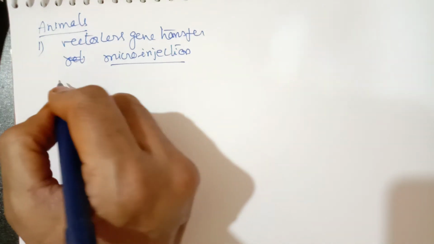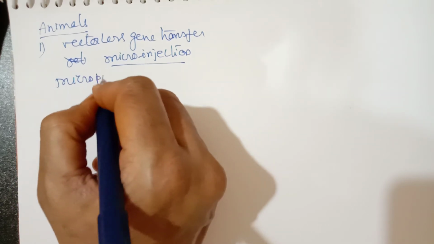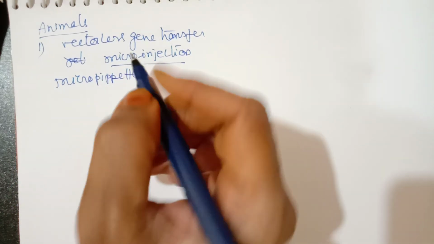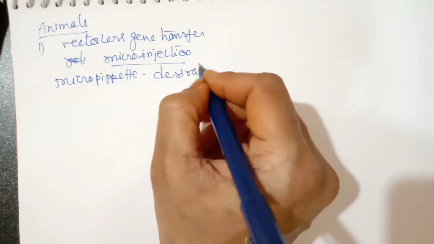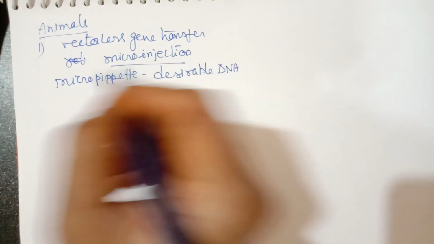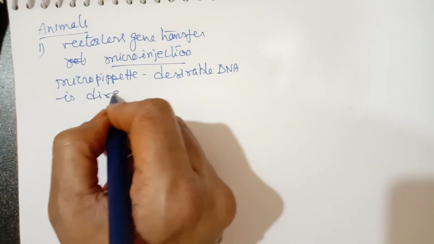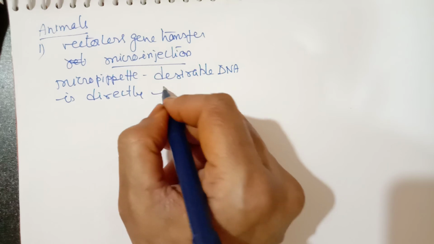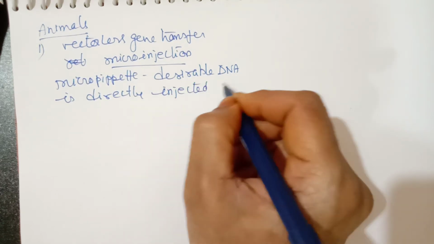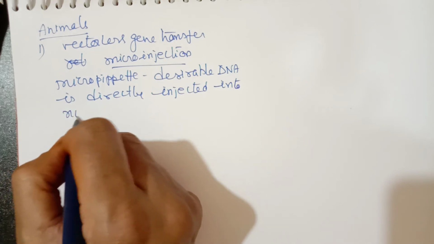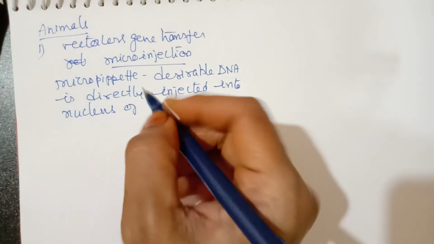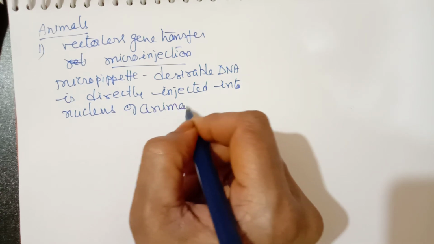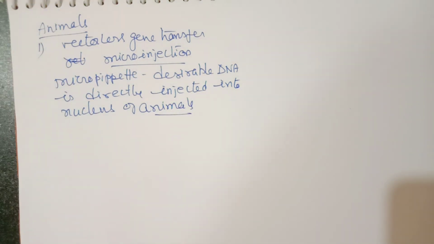So here, by using a micropipette, the desirable DNA is directly injected into the nucleus of animal cells. So here also we are not using any vector. Directly we are injecting into the host cell by using the micropipette. So this is a method of vectorless gene transfer, called the micro-injection method.